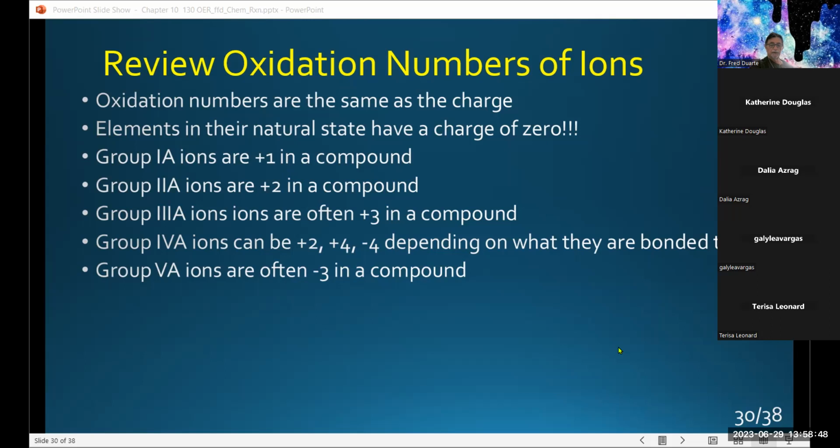Remember, the goal is to get that octet. Group 5 has 5 valence electrons, so from an energy perspective, gaining 3 is a lot more energy efficient than trying to lose 5, because in gaining 3 electrons it becomes a lot more stable.